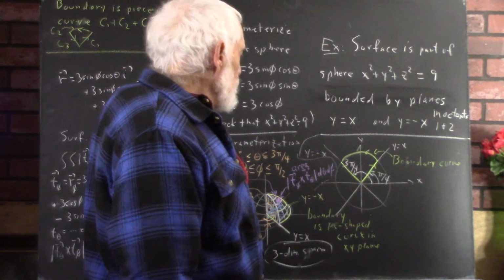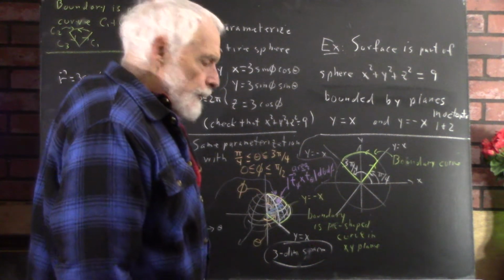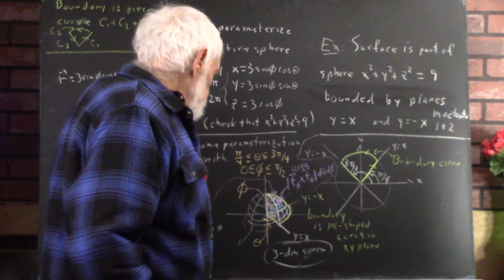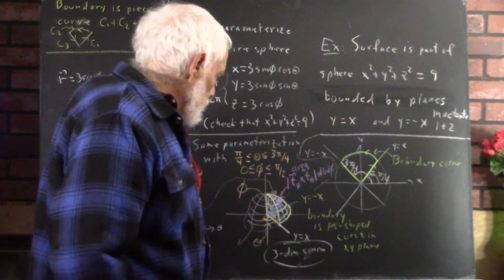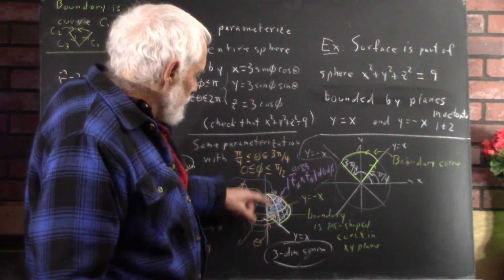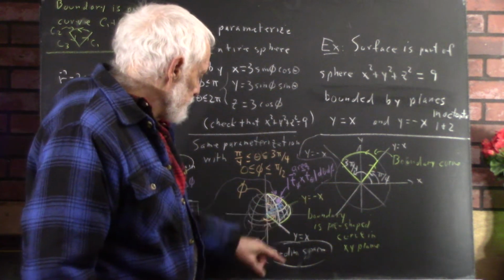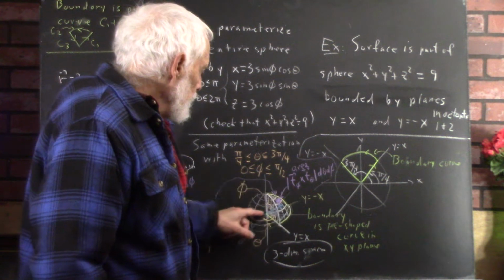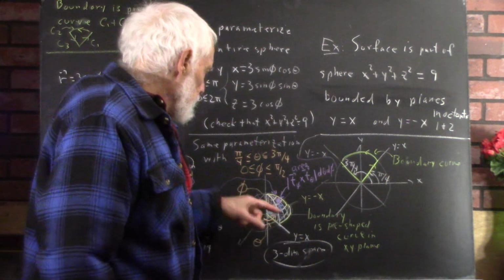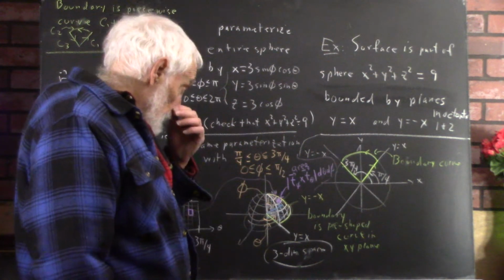If we sketch the region, I've sketched it over here. So the region is, here's the line y equals x. Back here is your line y equals negative x, written a little more faintly because the region's in front of that line.